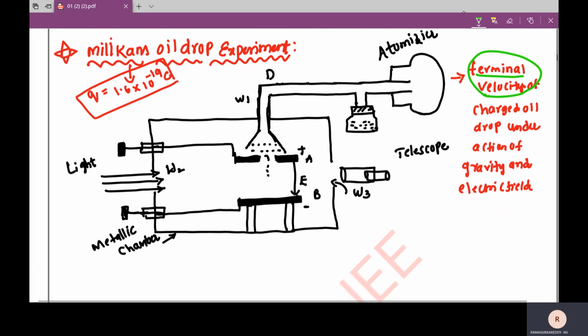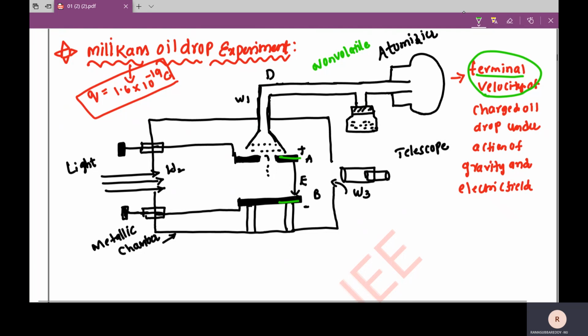Okay, now what is the working of our Millikan oil drop experiment? An electric field is applied between the plates. Here this is one plate A and this is another plate B. Then an electric field is produced between the plates A and B. Here we are taking small droplets of non-volatile oil, that is clock oil or Epigean oil.